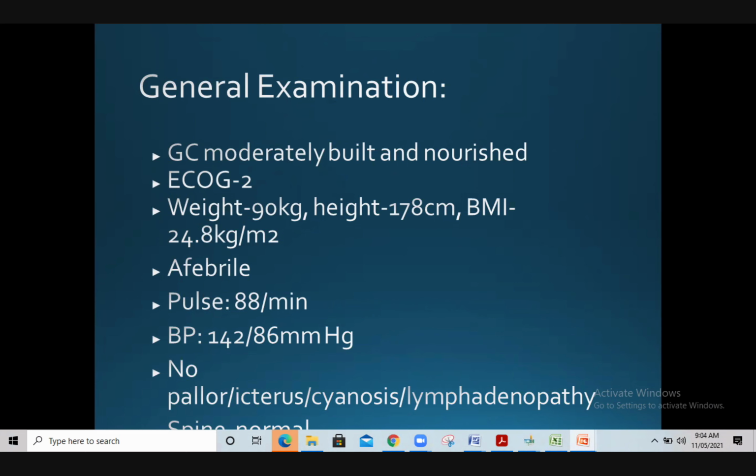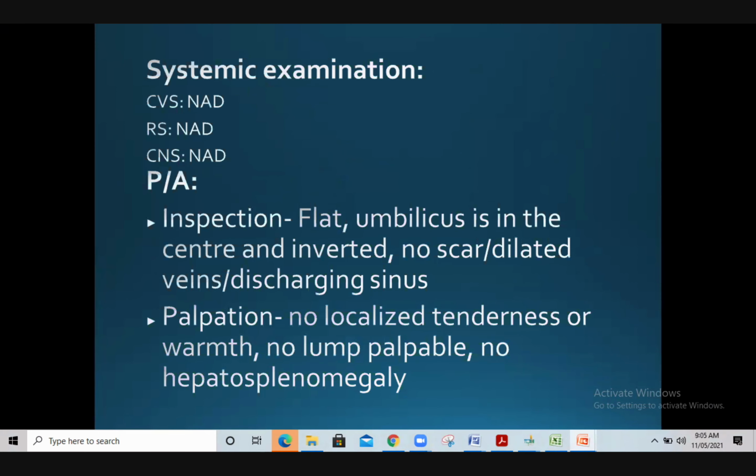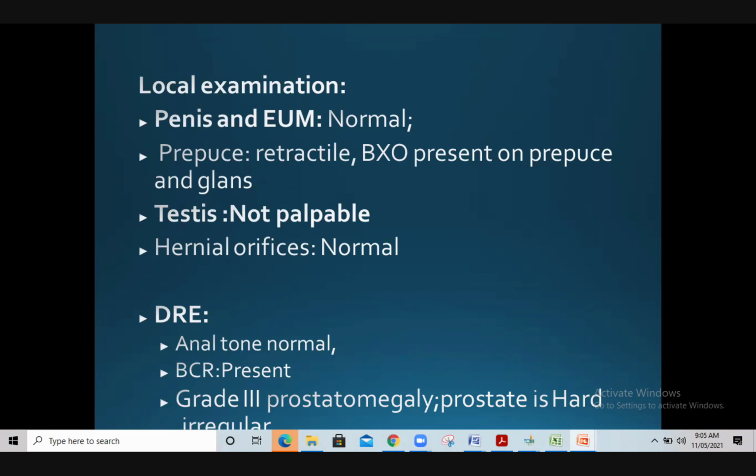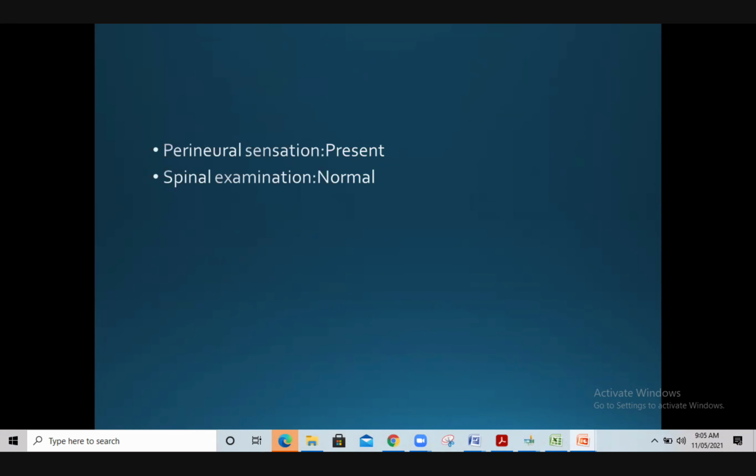Systemic examination is normal. Anal tone is normal, and on digital rectal examination, patient has grade 3 prostate, hard and irregular. Spine examination is normal.